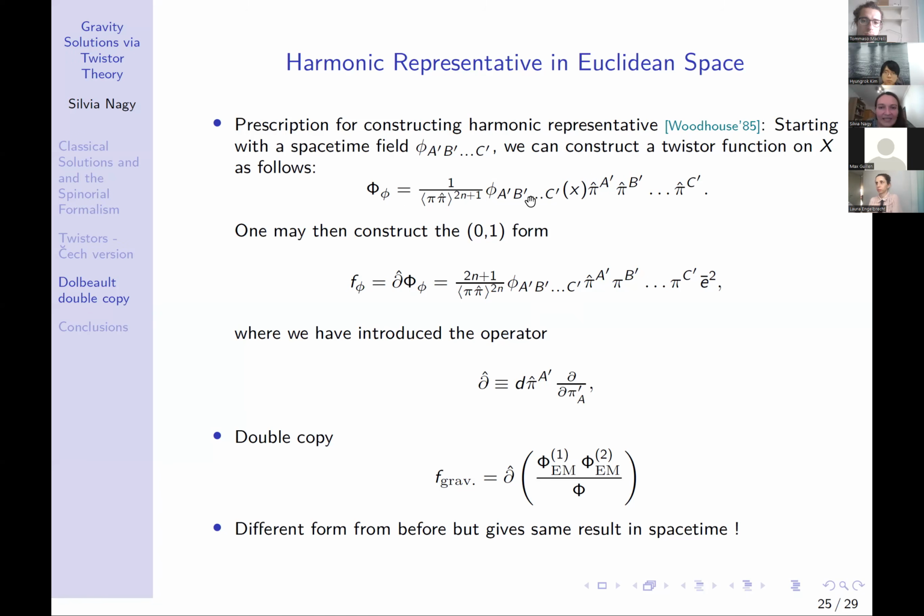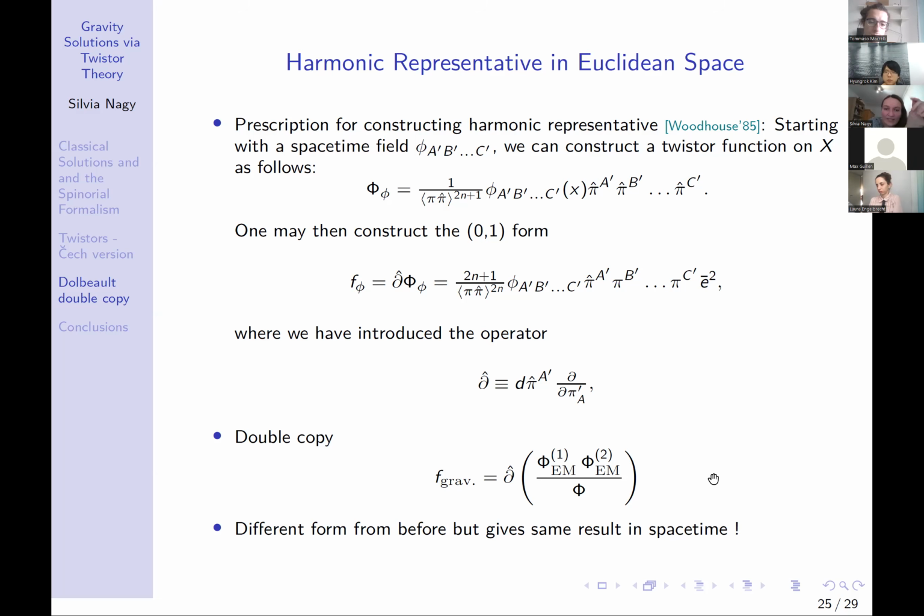You can kind of see it just by eye already: if I put these guys together for electromagnetic fields and scalar fields, and the phi's themselves satisfy the Weyl double copy, then the whole thing, when I hit it with a partial hat, will give me a gravity representative which satisfies this. So this then is a different way. This is more of a proof of principle that one can indeed choose a unique way of defining this double copy.